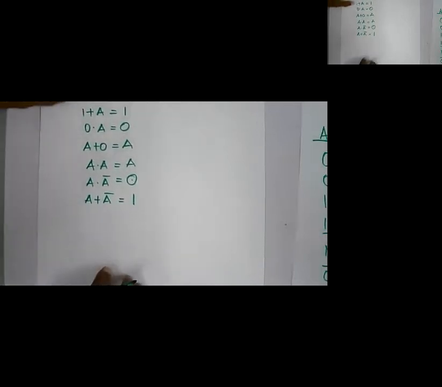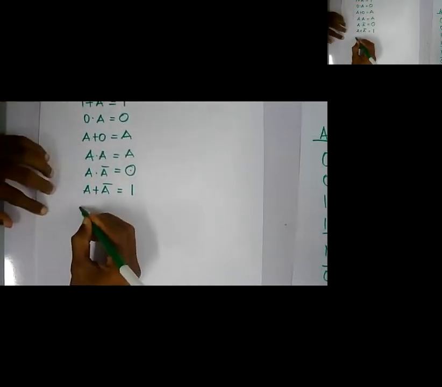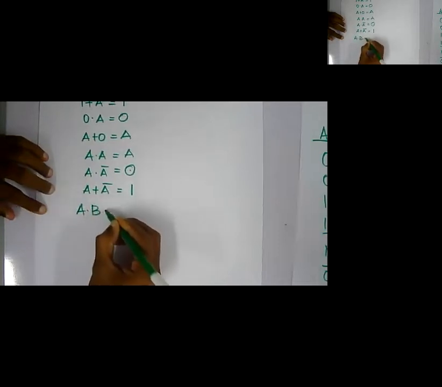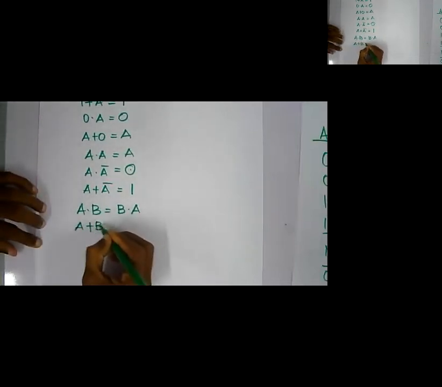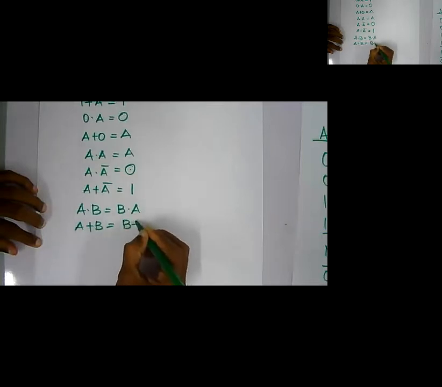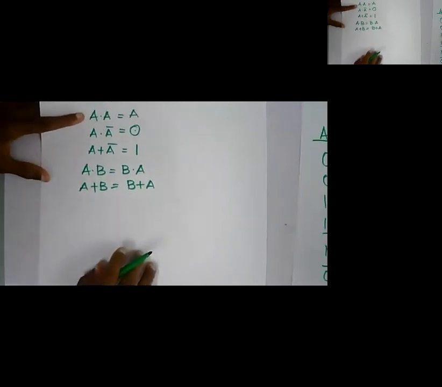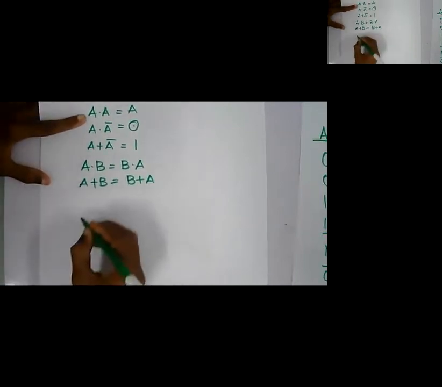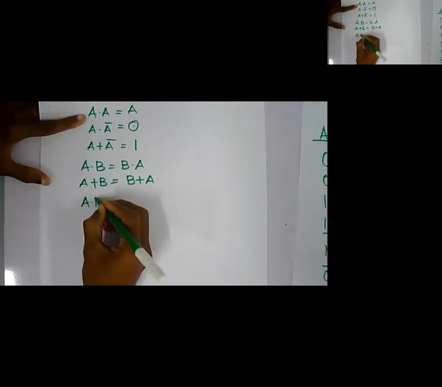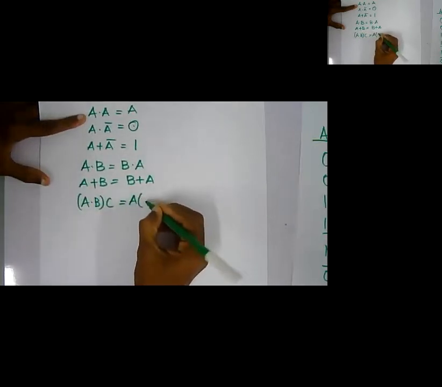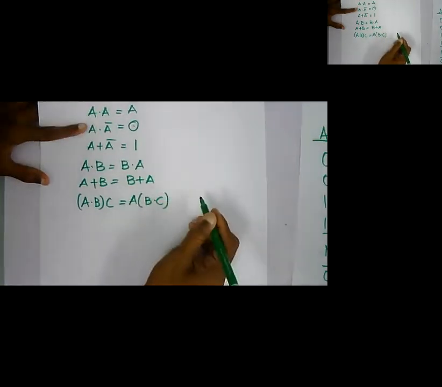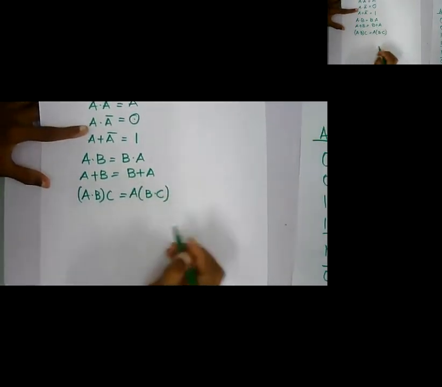We have a commutative law here as well. For example, a dot b is equal to b dot a. Similarly, a plus b is equal to b plus a. We have the associative law as well. For example, a dot b dot c equals a dot b dot c, grouped either way.